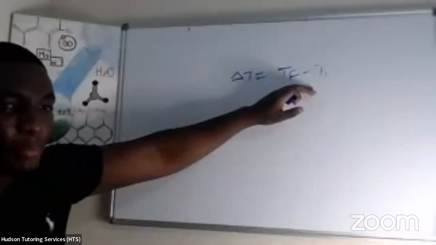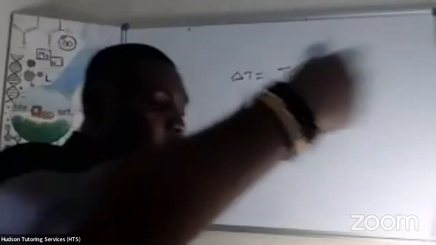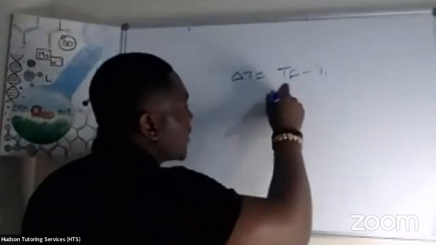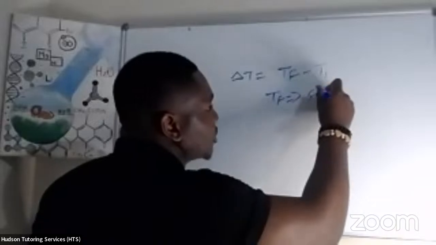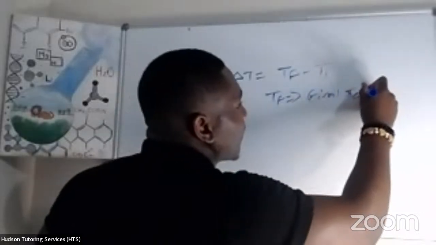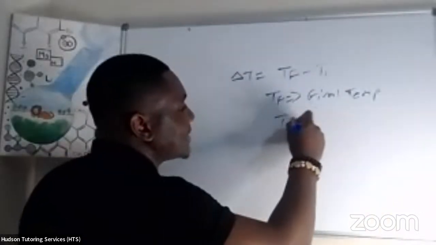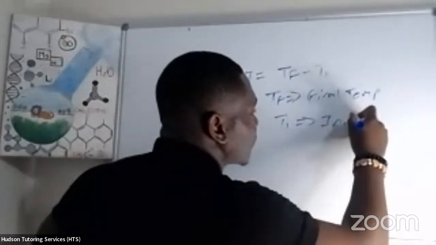Normally, the final temperature is not necessarily the end temperature, but it's the highest temperature reached. So Tf represents the final temperature, while Ti represents your initial temperature.